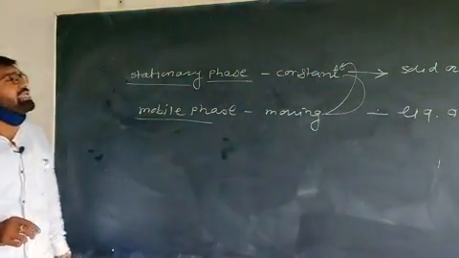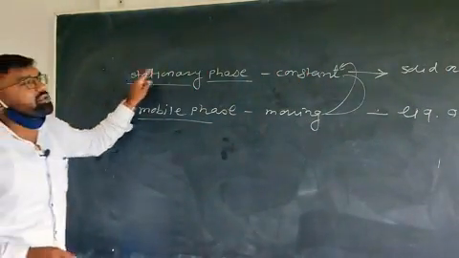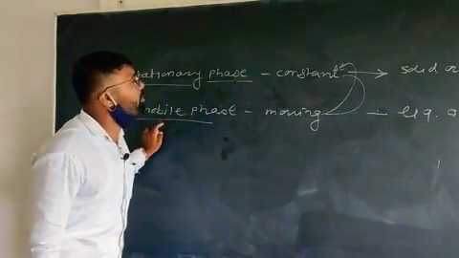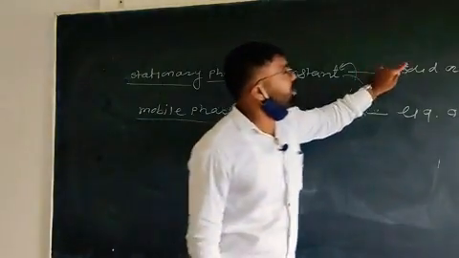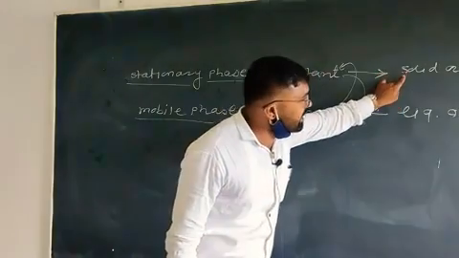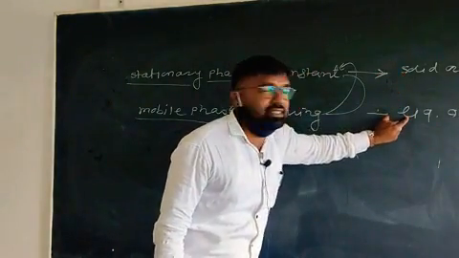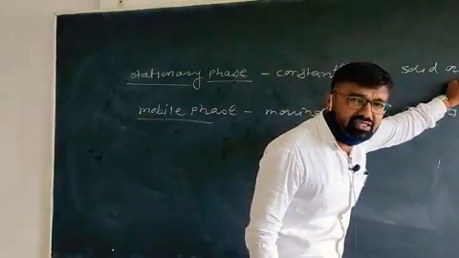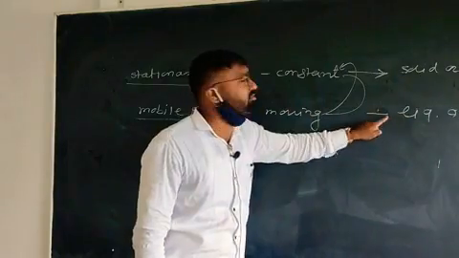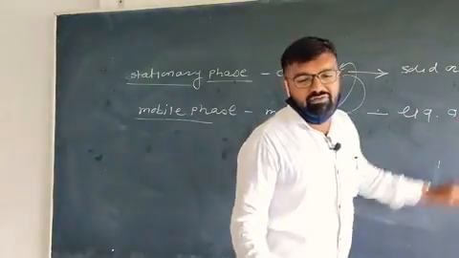That means a solid stationary phase is continuously in contact with a liquid or gaseous mobile phase, or a liquid stationary phase is in contact with a liquid or gaseous mobile phase.